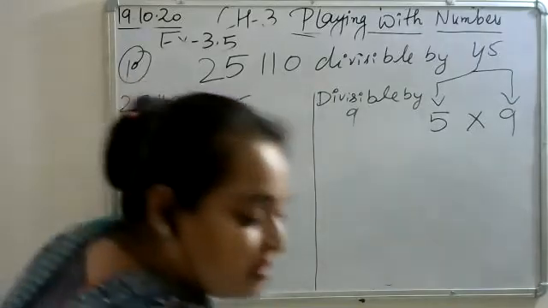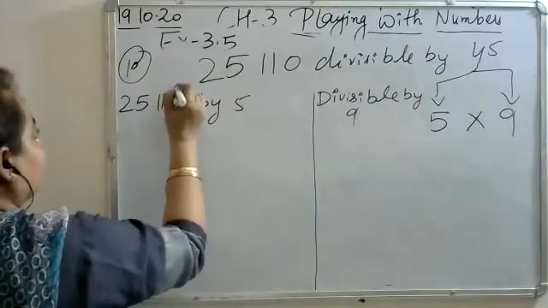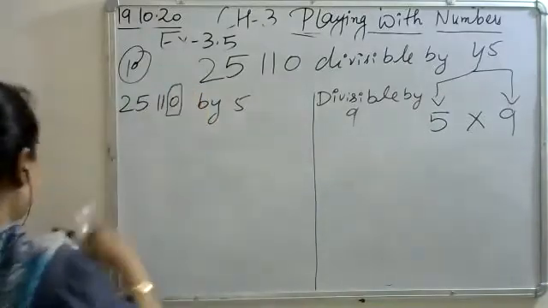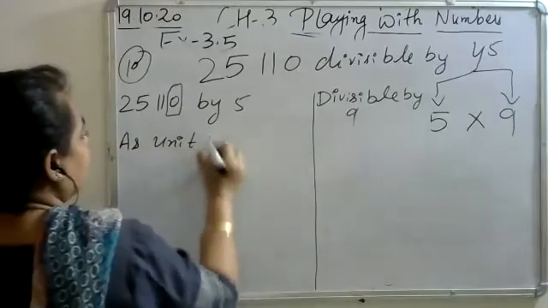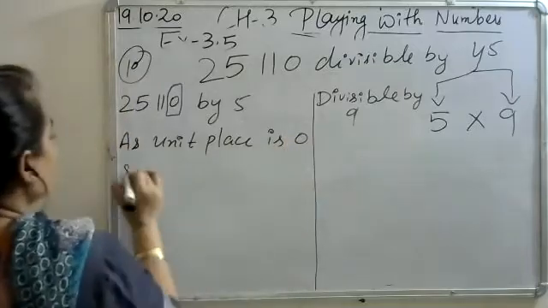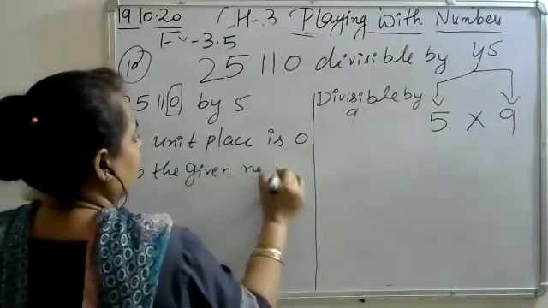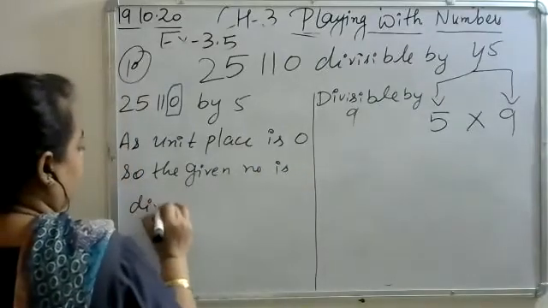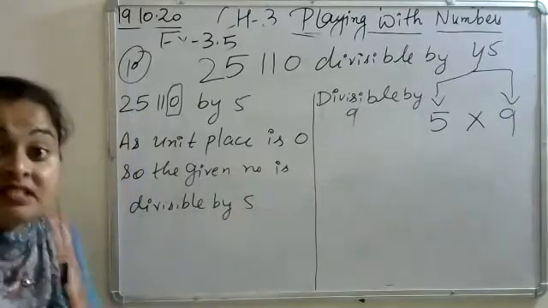As 0 is at the unit place. Like this, select this. You will write here: as unit place is 0, so the given number is divisible by 5. This is the method.